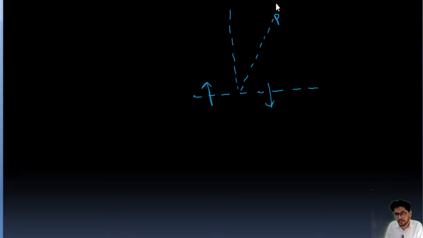This is the point P, and this angle is given theta. These are two dipoles, this is origin O, and the distance between the two dipoles is D, and this distance is R, where R is greater than or equal to D. Okay, so this is the question given, guys.